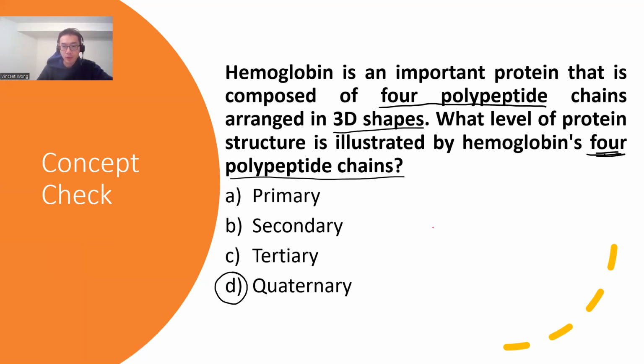Like you might have 2 red polypeptides, and then 2 blue polypeptides. So all these things come together to form the hemoglobin.